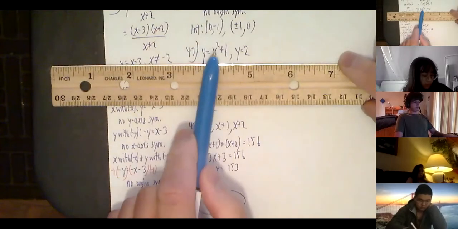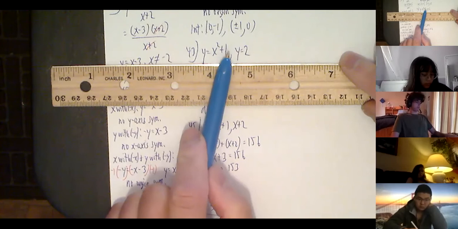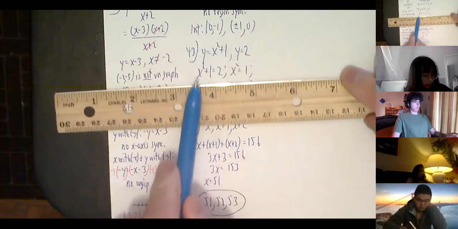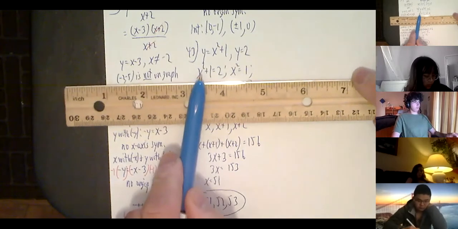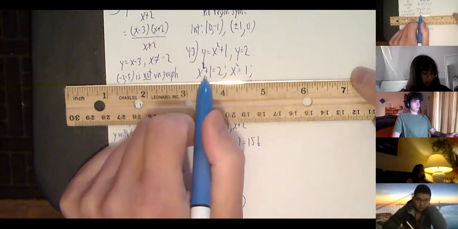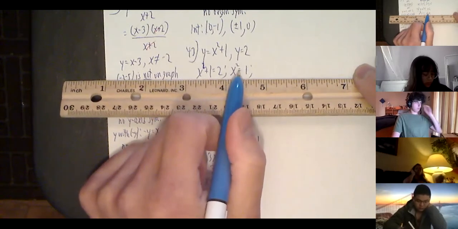How do I find out where they touch? You set them equal, right? If you have two graphs and you want to know where they touch, then you set them equal to each other. So x squared plus 1 equals 2. Subtract 1, x squared equals 1.